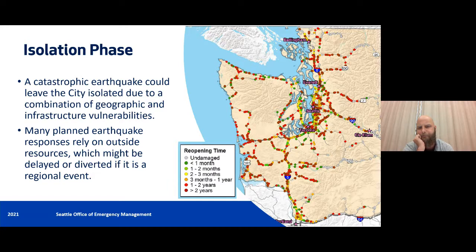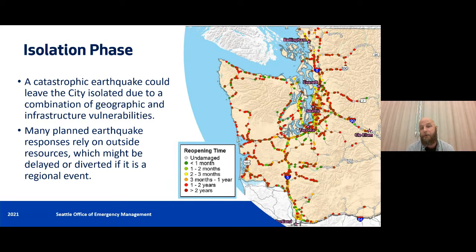But basically, you can see the gray is they expect it to be undamaged. There are very few gray dots on there. The dark green dots, they expect that it could reopen in less than a month, and then it goes on from there. So the darkest red are ones that they expect to have a level of damage to that bridge that it would not reopen for more than 2 years.